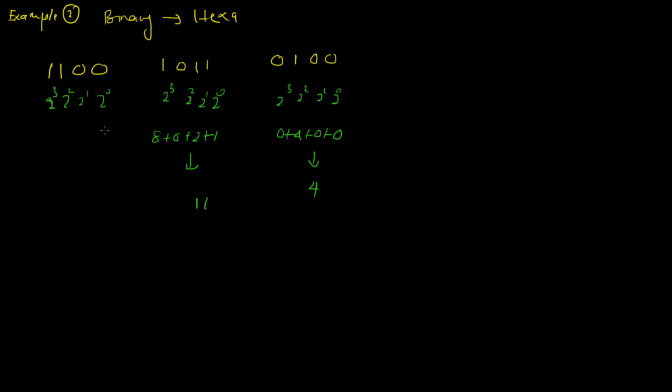This one is 0 plus 0 plus 4 plus 8, which produces 12. Recall, A is 10, B is 11. So we have to change: this one is B, 12 is C, and 4. Finally, you put all this together to write a complete hexadecimal value.